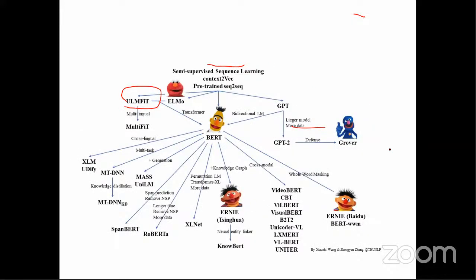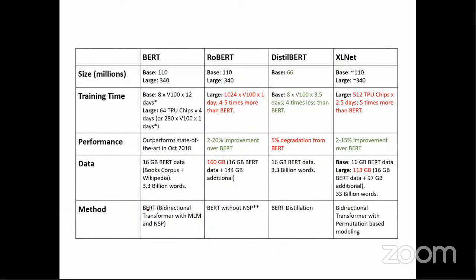The popular ones are RoBERTa, XLNet, and GPT-2 and GPT-3. So these are all the popular models of BERT. It's a comparison of RoBERTa, DistilBERT and XLNet.